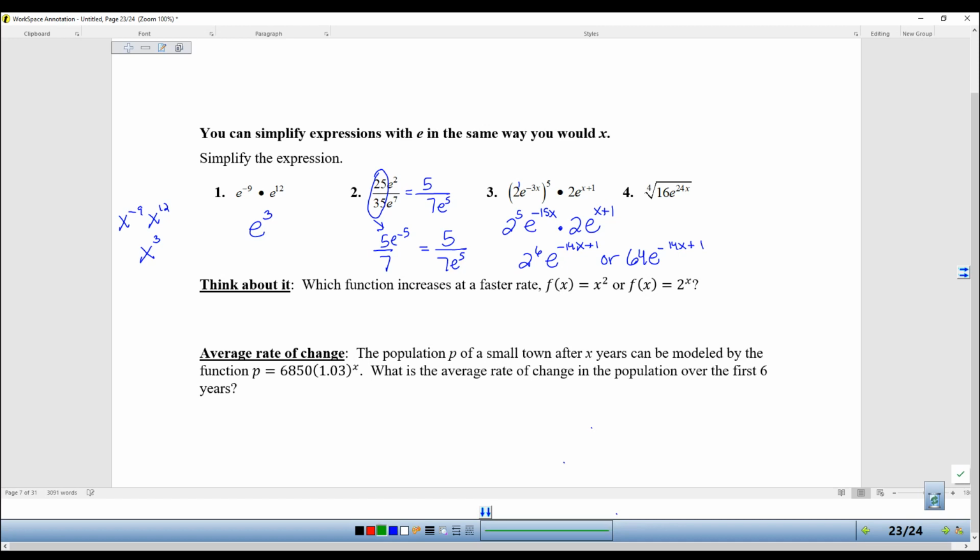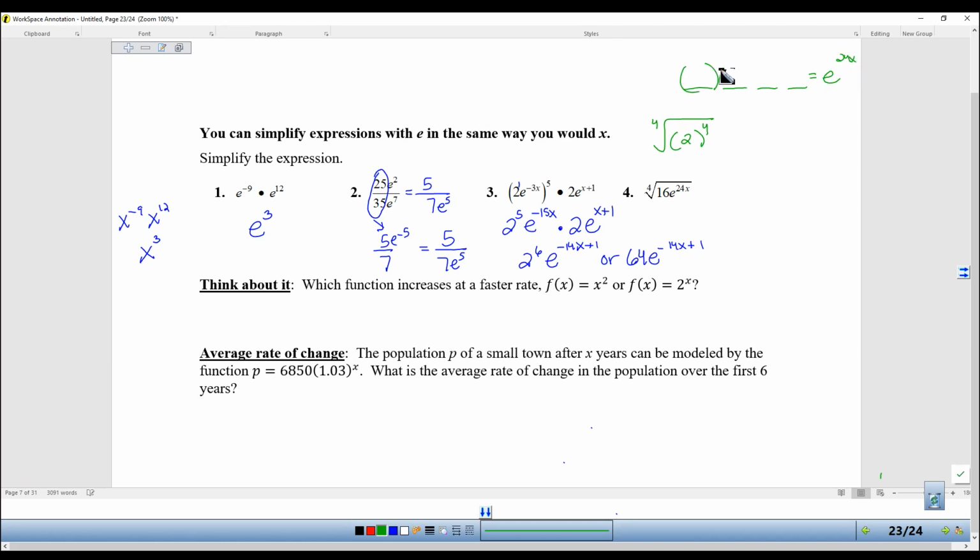And the last one, remember that a fourth root means it's something to the fourth in order to simplify it. So how many 2's would I need? I would need 4. 2 to the 4th is a perfect fourth root. And what about the e to the 24x? Can you think of 4 perfect things that would make e to the 24x?